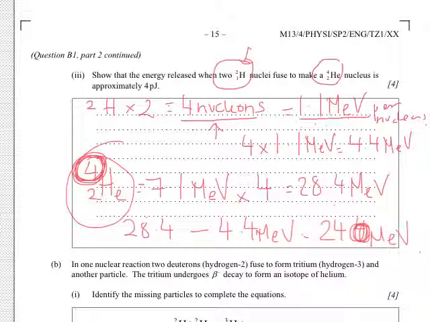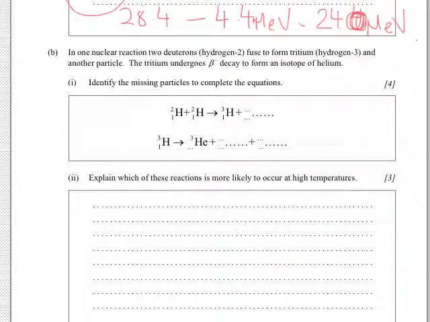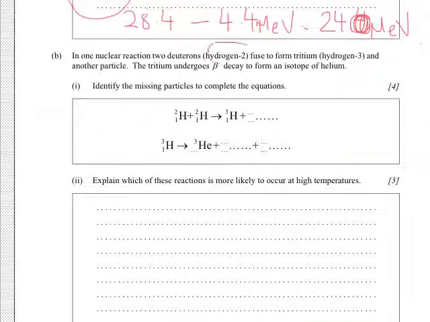Okay, so now we need to complete these. We have one nuclear reaction where hydrogen 2 fuses to produce hydrogen 3, and then we have a second one where the tritium, the hydrogen 3, undergoes beta decay. So let's look at the first one.